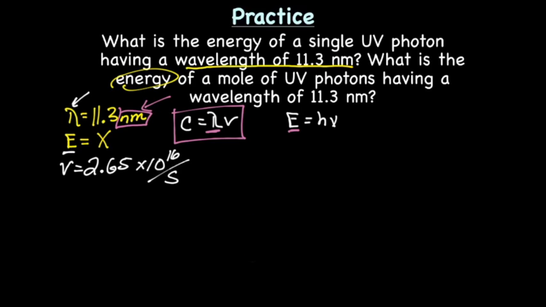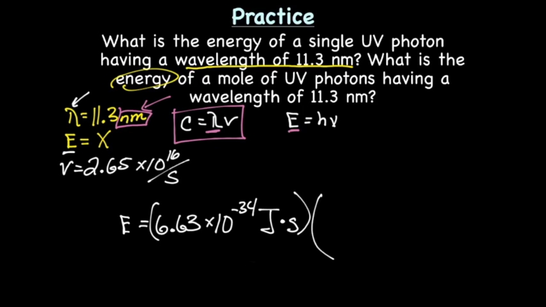And now we can calculate energy. So we can use energy equals Planck's constant, which is 6.63 times 10 to the negative 34th joule seconds, times the frequency, which is 2.65 times 10 to the 16th per second.